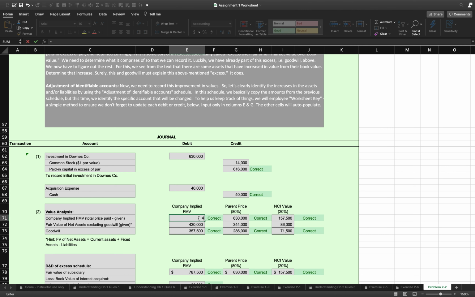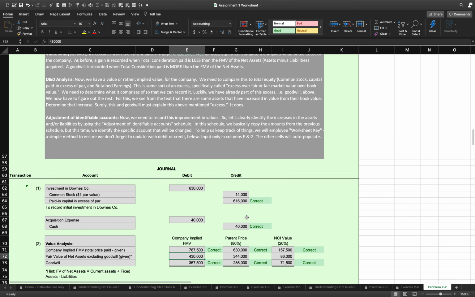We can do so by simply taking that amount and dividing it by 0.8, which represents 80%. So if 80% represents $630,000, then 100% must have been $787,500, and that means that 20% of that overall implied value goes to the non-controlling interest.